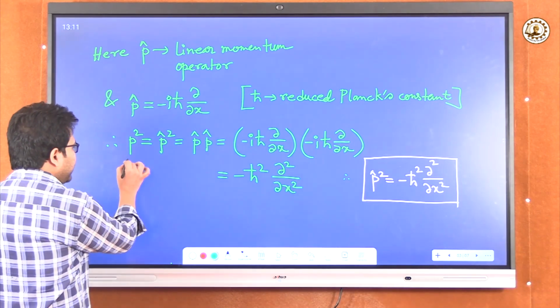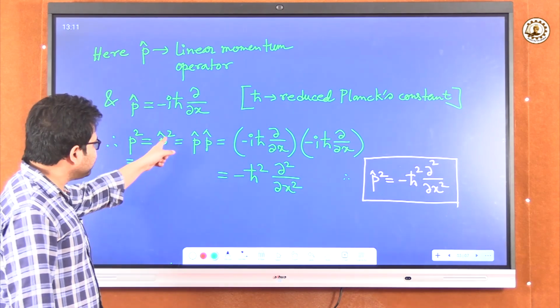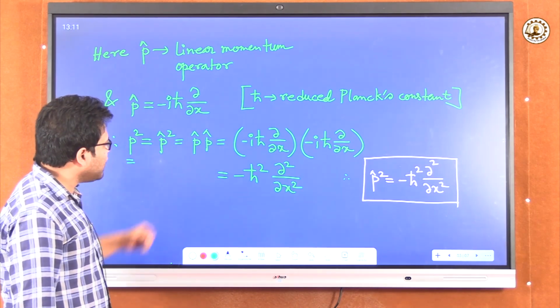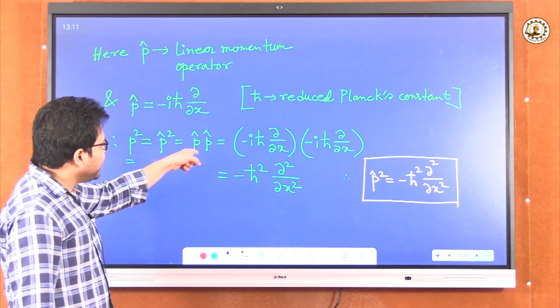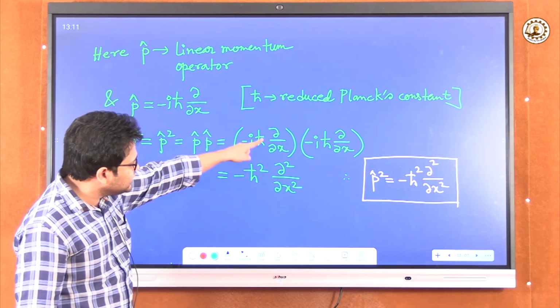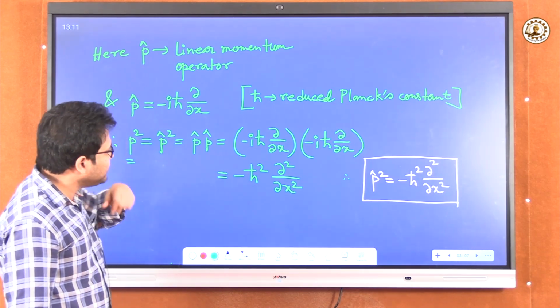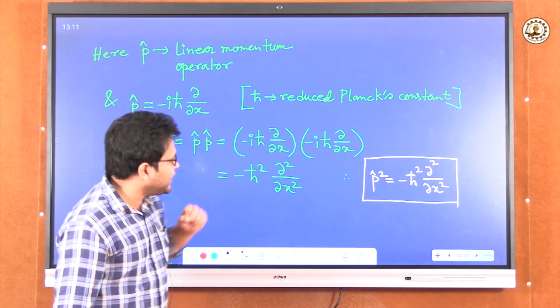Therefore p squared can be written as p cap squared. Now p cap squared is nothing but the product of two linear momentum operators, that is p cap into p cap. Now p cap is minus i h cut del del x, multiplied by again p cap, that is minus i h cut del del x.